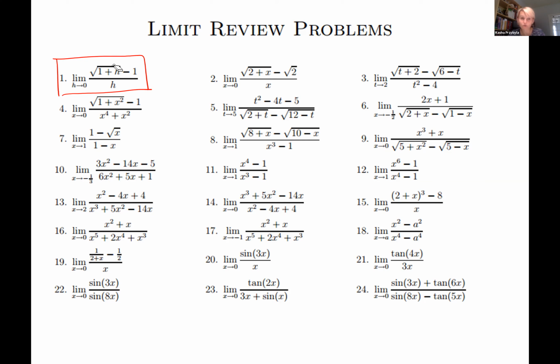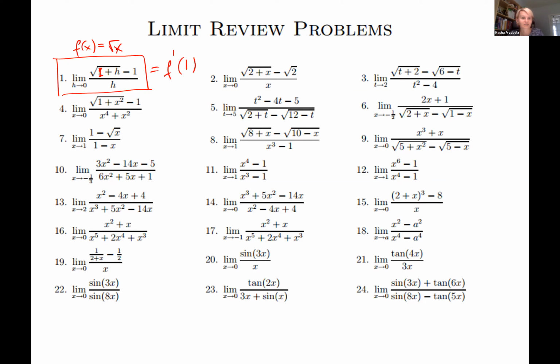This limit, of course, we can still do our algebra, we can multiply by the conjugate expression, that's what you know how to simplify. But also this limit represents the derivative at the point 1. And the function is, oh, you don't know? I know that you know. Square root of x.